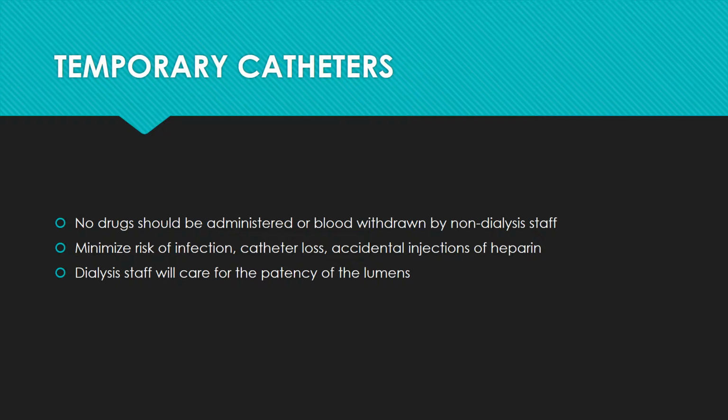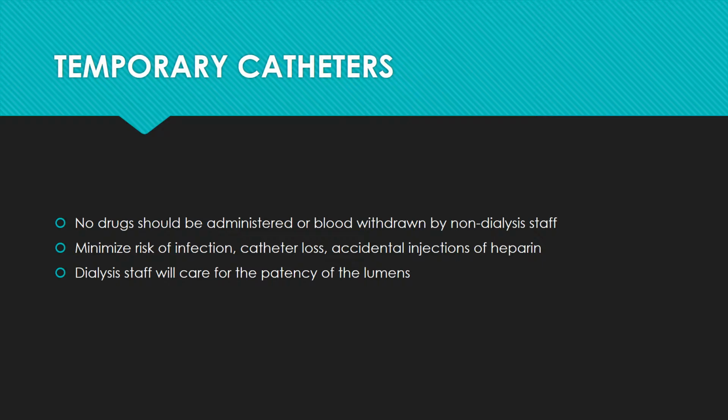They'll flush the lumens, and then they'll instill heparin, a large amount, like 1,800 units or 1,600 units. It'll say on the side of the catheter how much to put in, and it just kind of dwells in the catheter to prevent thrombus formation.